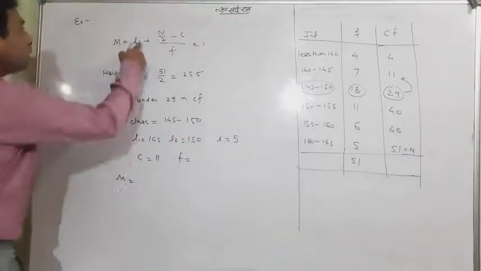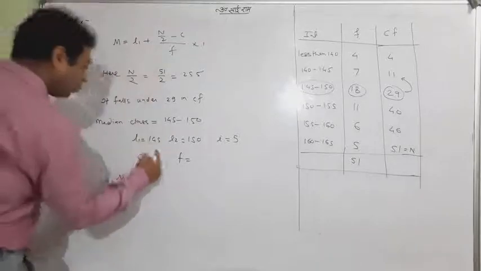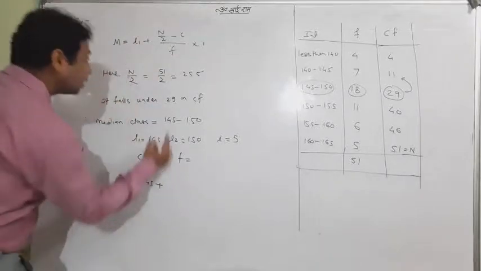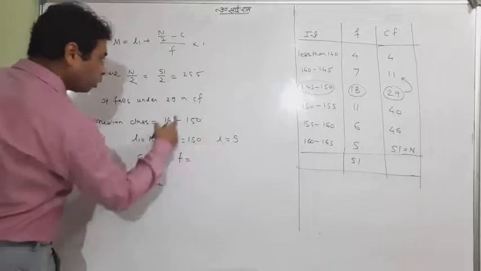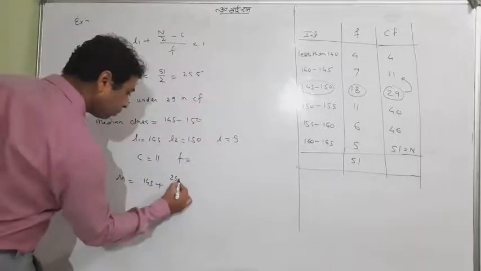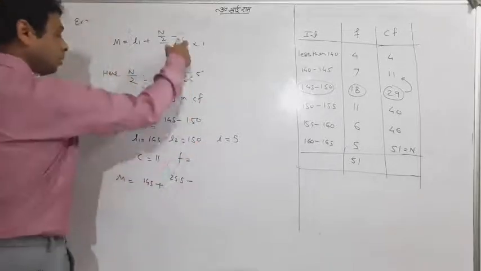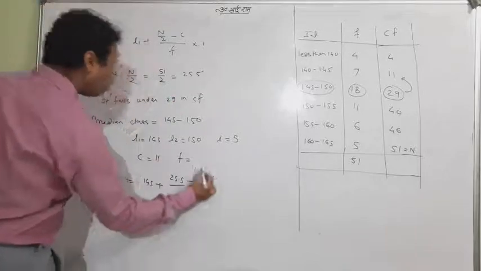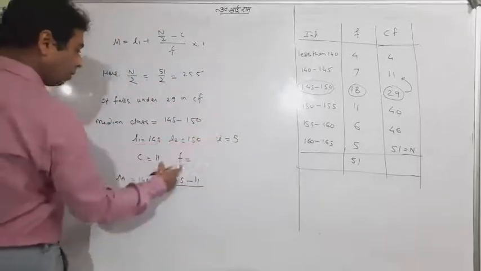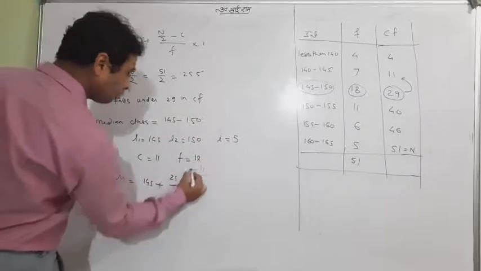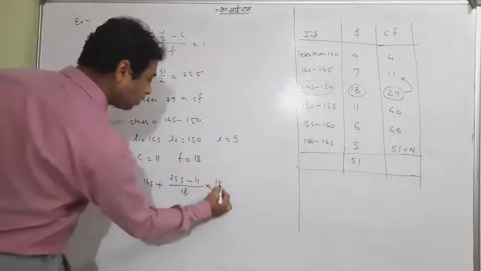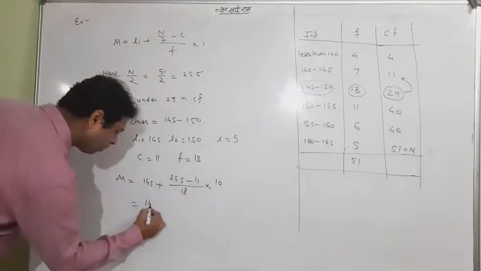M is equal to, putting in the data, L1 equal to 145 plus n by 2, already got as 25.5, minus C, your 11, upon F equal to 18, into I, which is 10. Now the rest is very formal working.